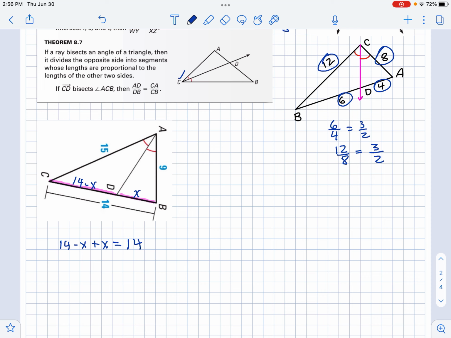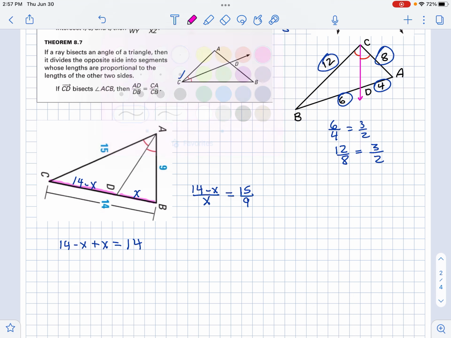Okay, so let's see what we have here. We have 14 minus x over x equals 15 over 9. And we're wanting to solve for x. So let me multiply both sides by x.